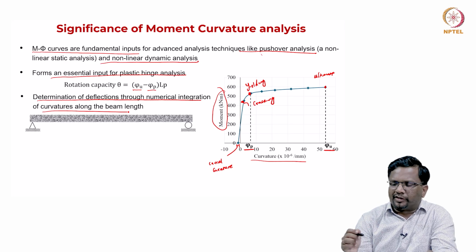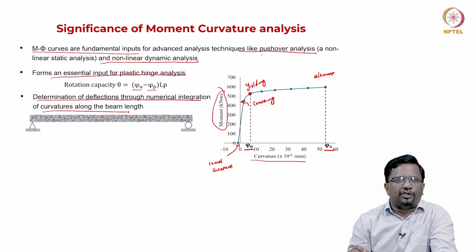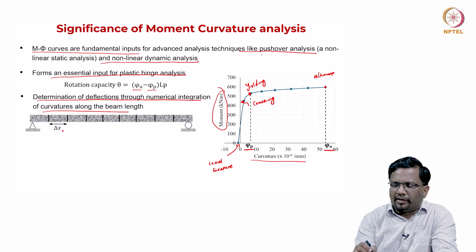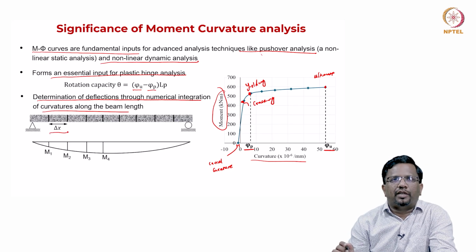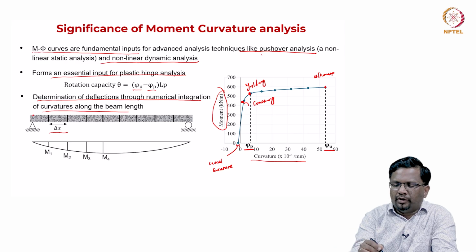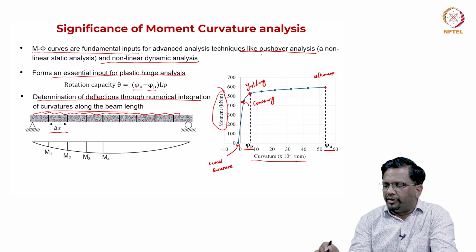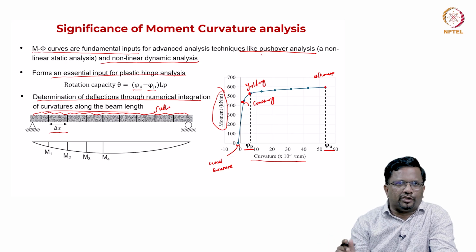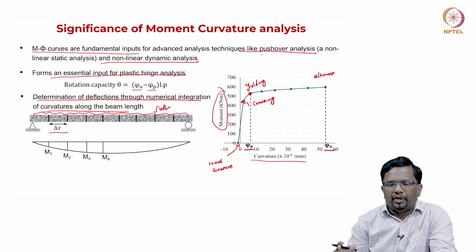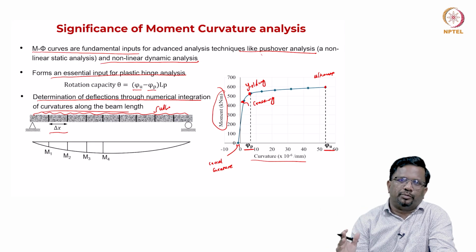So, for example, if you take this kind of a beam, simply supported beam, let us say that I can discretize this beam into several segments of length delta x, then let us say that it is subjected to some kind of a uniformly distributed load. Let us say this is UDL, uniformly distributed. Then you know the moment distribution at different cross sections along the length of the beam.